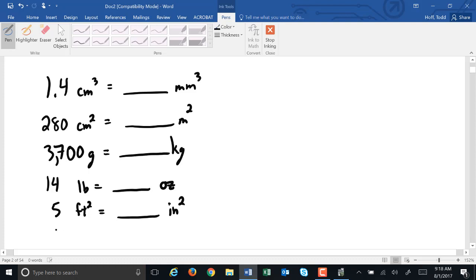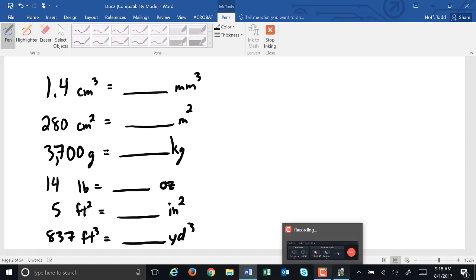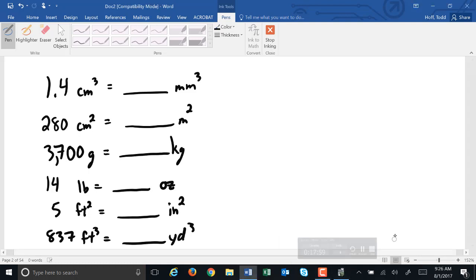And 837 cubic feet into cubic yards. I'm going to have you try those quick, and we'll talk about them in just a couple.